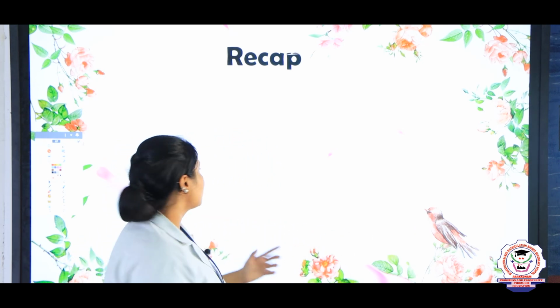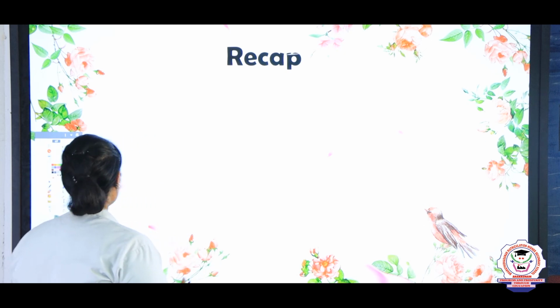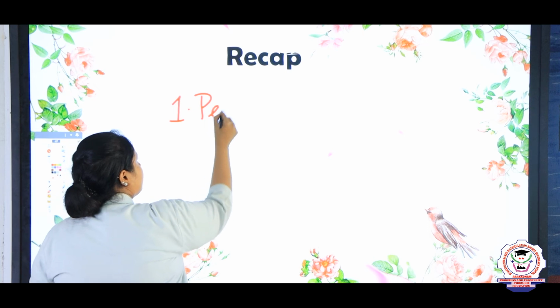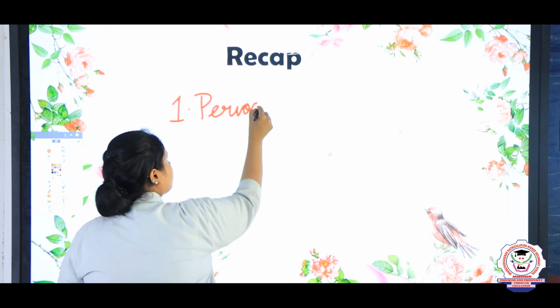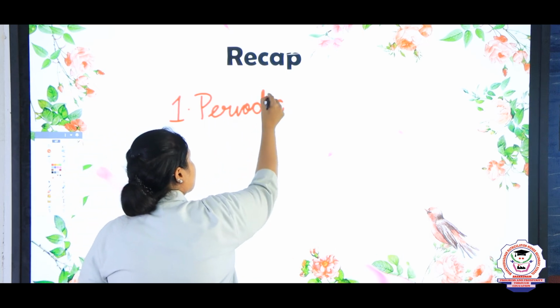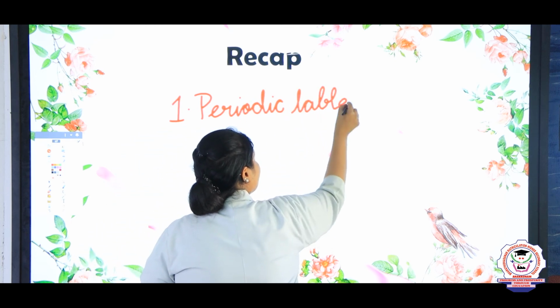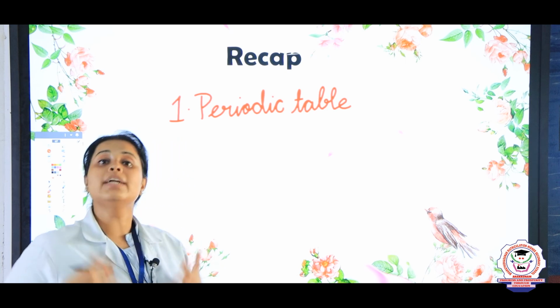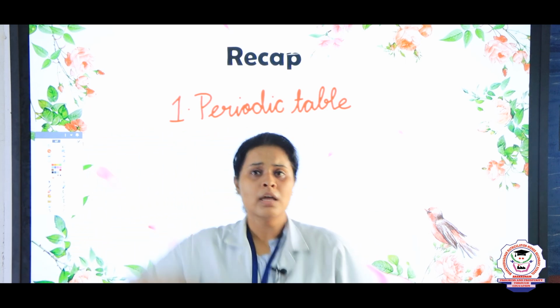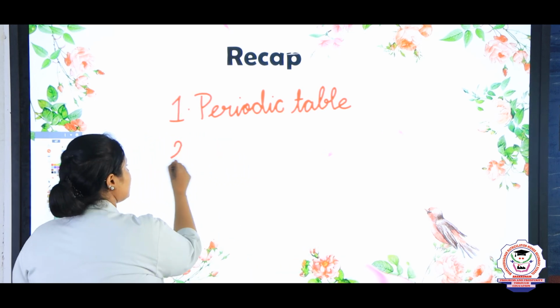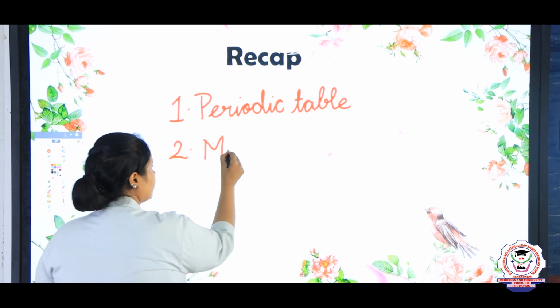Yes? So, students, this lesson ends over here, and in this lesson what are all the things we have discussed? First, children, we have discussed the periodic table. In the periodic table, we have seen how the periodic trends vary from left to right and top to bottom. After that, the main thing which we have seen here is metallurgy.